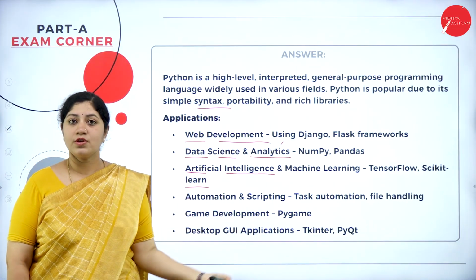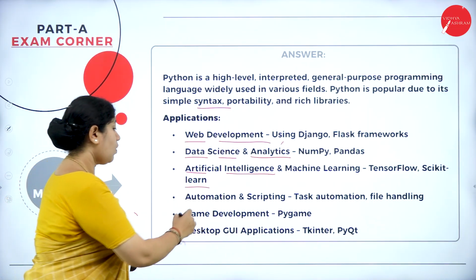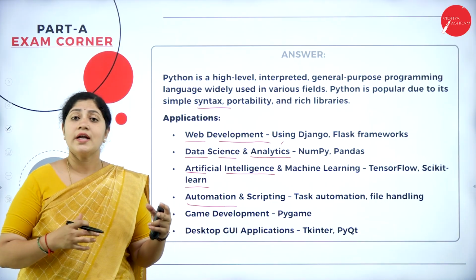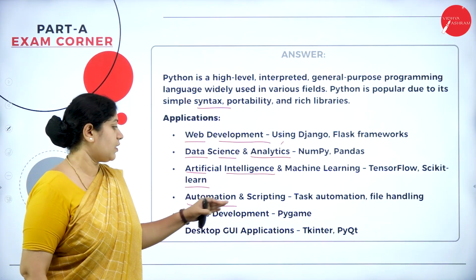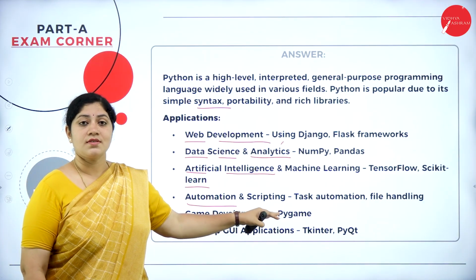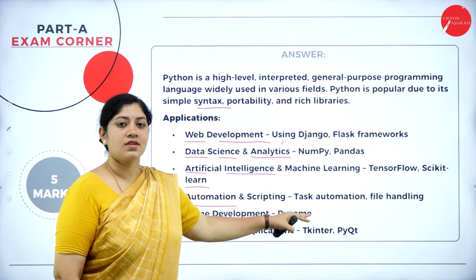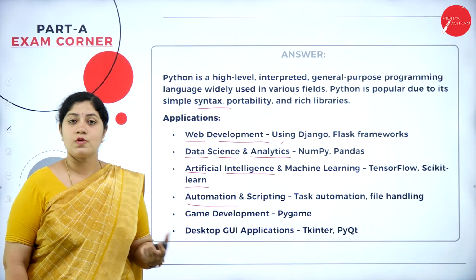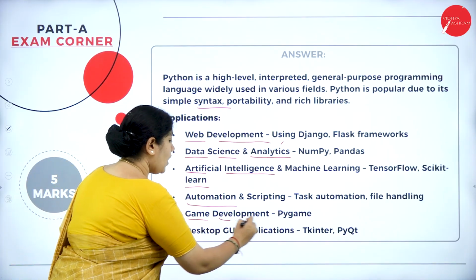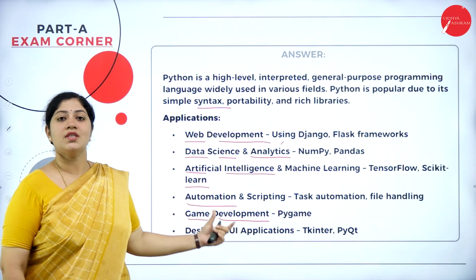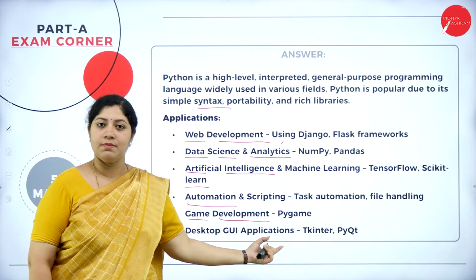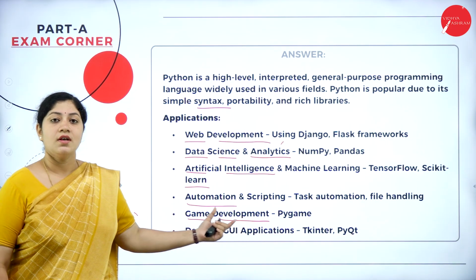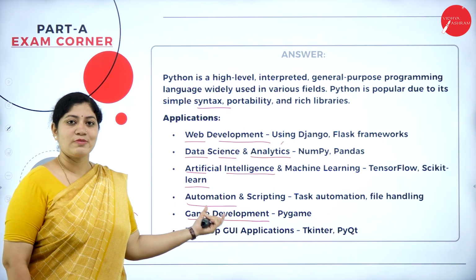Up next, we can also utilize Python in automation. We can make the complete process automatic as well as scripting. That's by utilizing task automation as well as file handling. Then Python is also used in game development, and the supporting thing for this game development is Pygame. So this is a plugin. By using this, we can develop games easily.